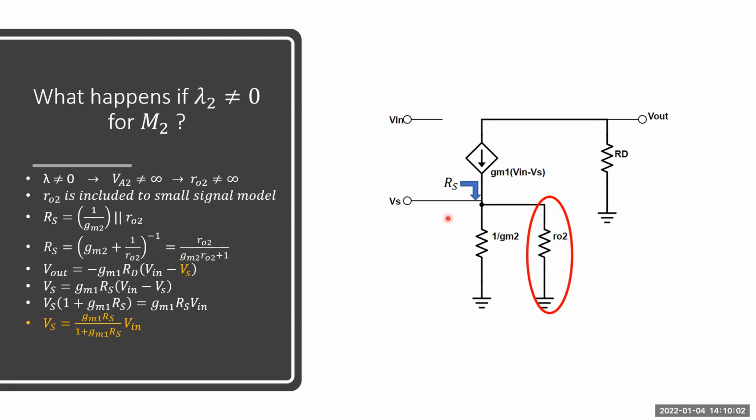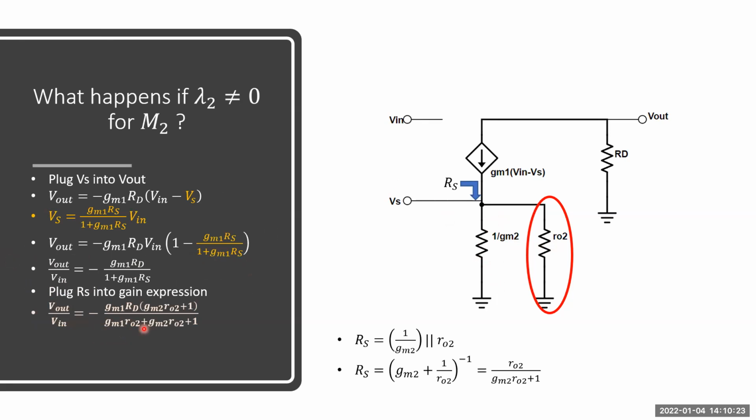Again, we need to derive the Vout expression to find the voltage gain expression. This is the Vout expression, and this is Vs, okay? Then Vs equals gm1 RS divided by (1 plus gm1 RS) times Vin. We do the same thing as in the previous case, just plug Vs into the Vout expression here.